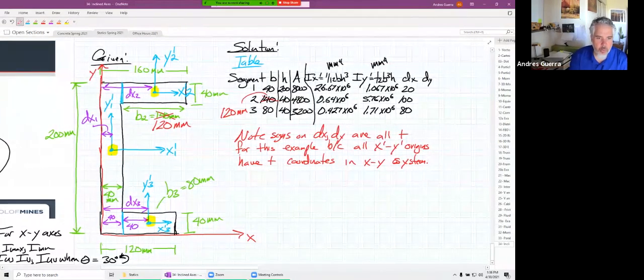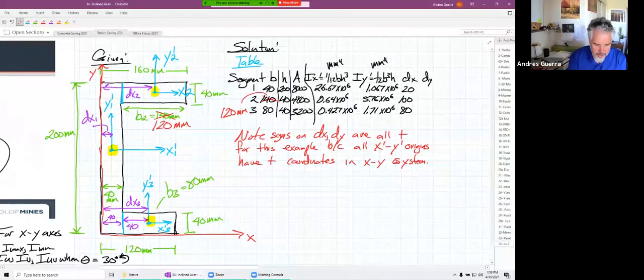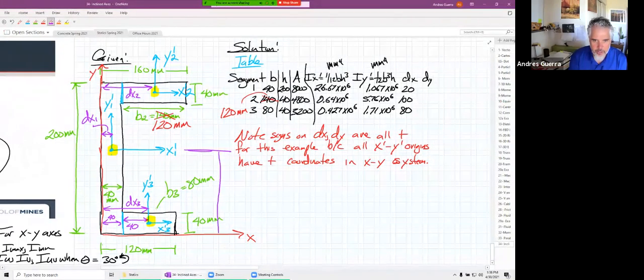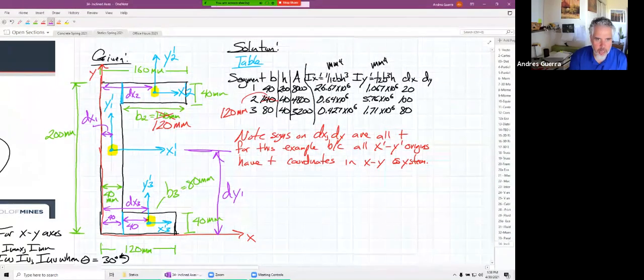So then dy's are going to be the distances between the x-axes. So dy for segment 1 would be the distance right there. That's dy for segment 1. Dy for segment 2 would be all the way from the top up there all the way down. That would be dy for segment 2.